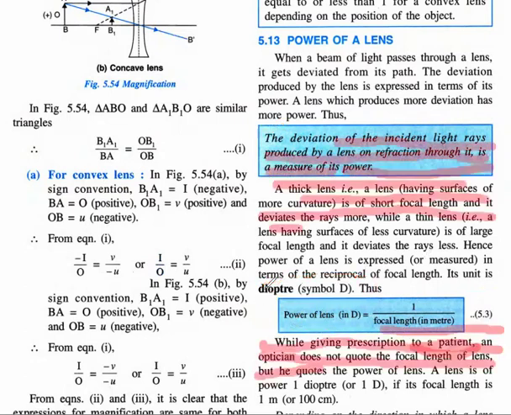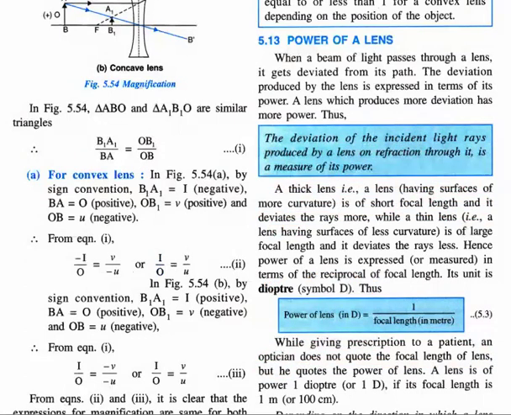We'll just go through it in a minute or two. The power of the lens: the deviation of the incident rays produced by the lens on refraction through it is a measure of its power.